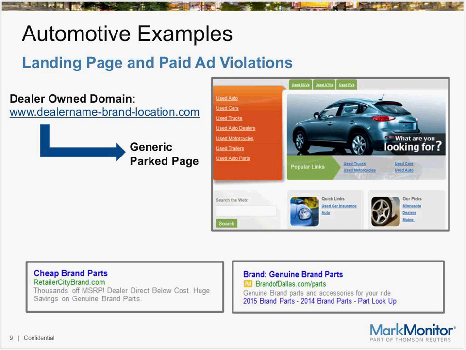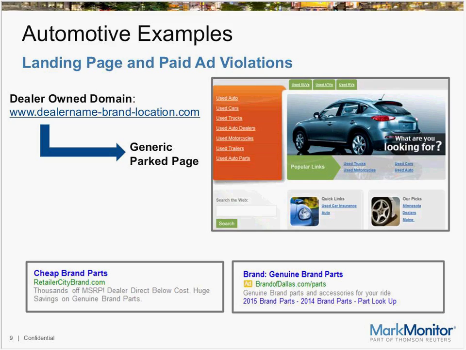So if it were Dan's Automotive and the brand and HoustonTexas.com, and it ended up on a parked page, that should obviously be redirected to the brand or to the dealer's actual page. That's just another guideline worth looking into, and then worth monitoring for.